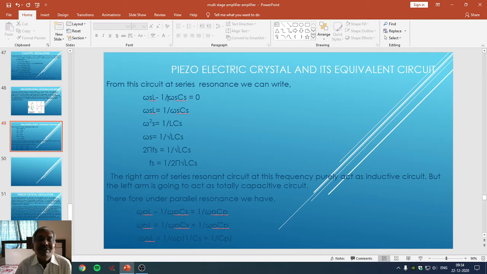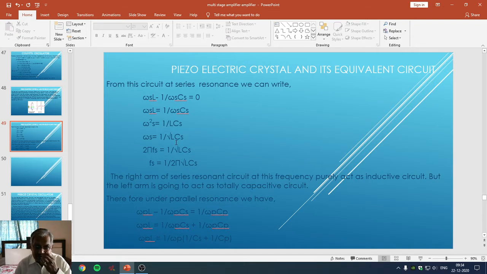By simplifying this, we can write omega S L equal to 1 upon omega S into CS. This omega S is transferred to the left side so that it becomes a square. Omega square S is equal to 1 upon L into CS. By taking the square root on both sides, we get omega S is equal to 1 upon square root of L CS.